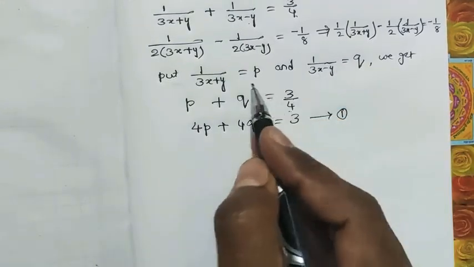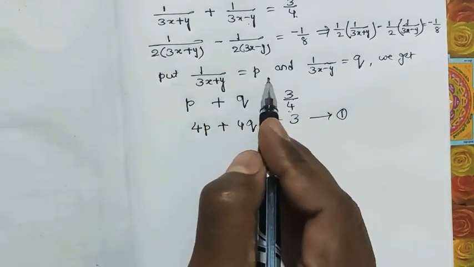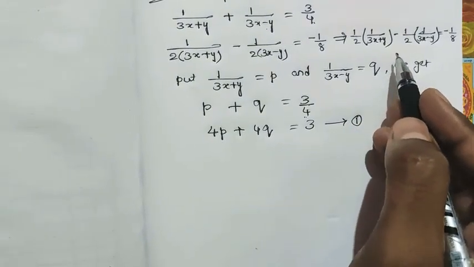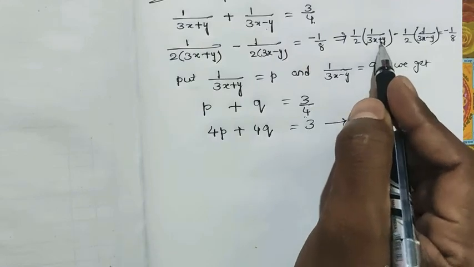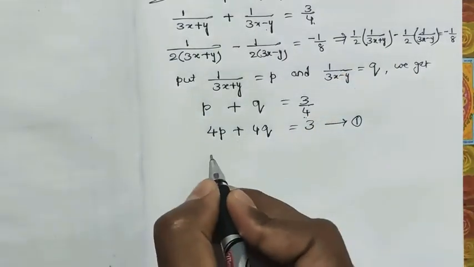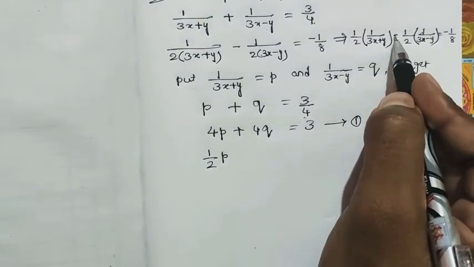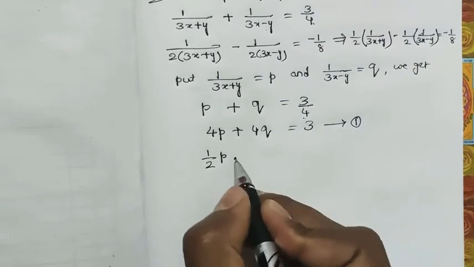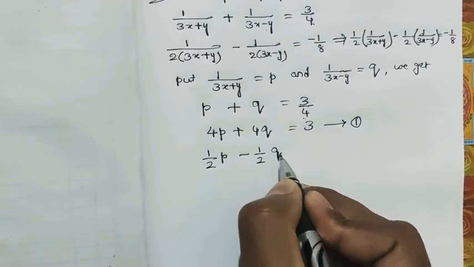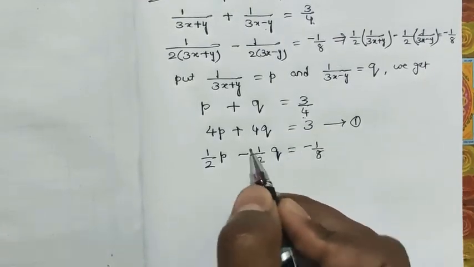Next, in the same way, the same p and q values, 1 by 3x plus y is p, 1 by 3x minus y is q. You have to substitute in this equation also. So let us see, 1 by 2 into p, next minus 1 by 2 into q is equal to minus 1 by 8.